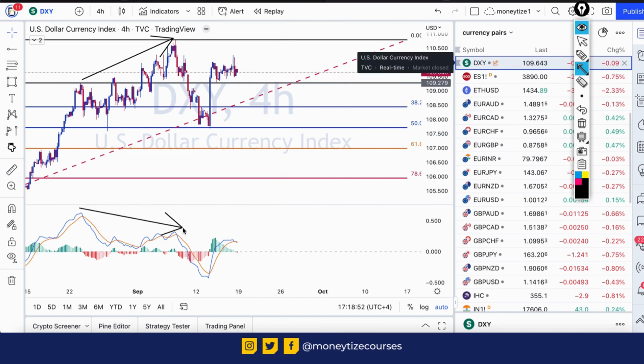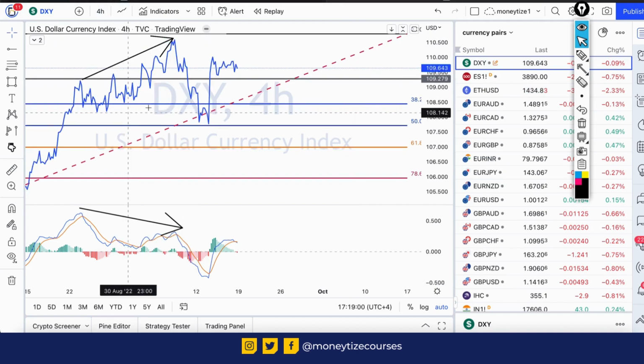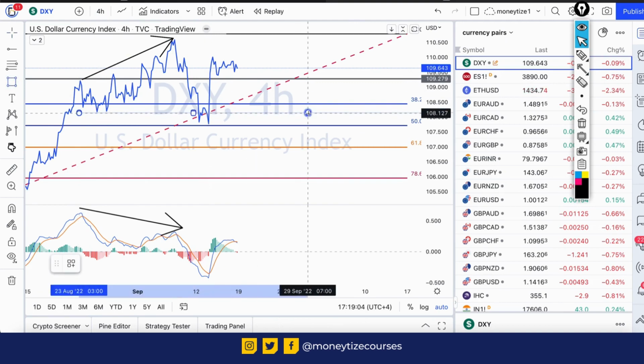Higher high, lower high on MACD, bearish divergence, and do we have a break below the structure on 4 hourly? Yes, it seems we have a break below the structure. So this is the structure area.